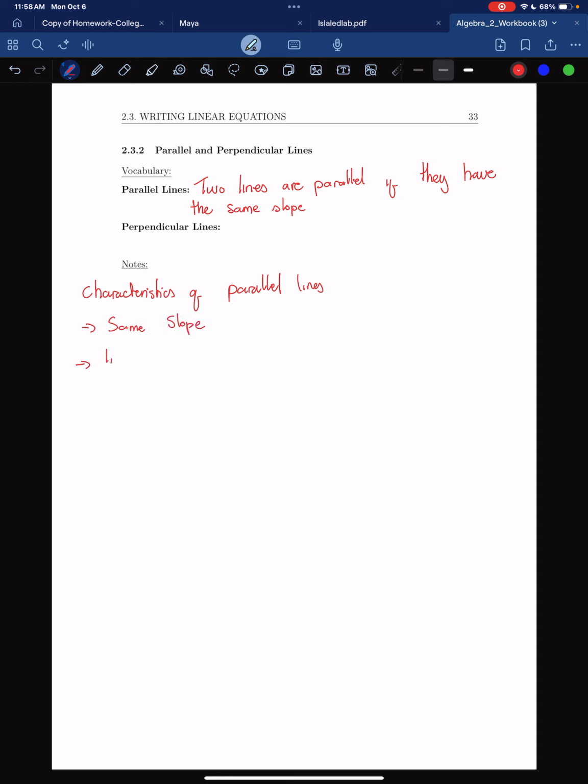They never intersect, and they have different y-intercepts.